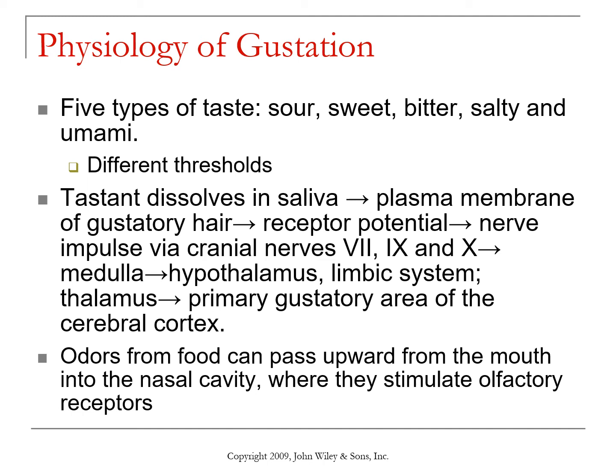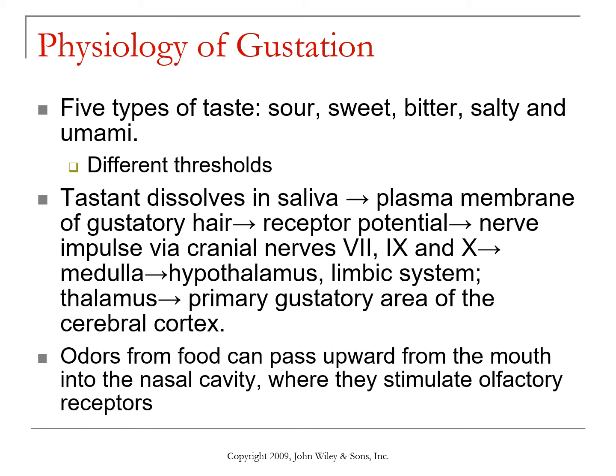With respect to gustation, as the tastants dissolve in saliva, they bind to receptors in the gustatory hair cells and generate receptor potentials. This leads to nerve impulses along the cranial nerves associated with our taste buds, being cranial nerve 7, the facial, 9, the glossopharyngeal, and 10, the vagus.